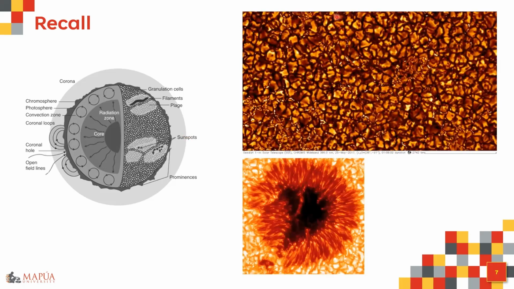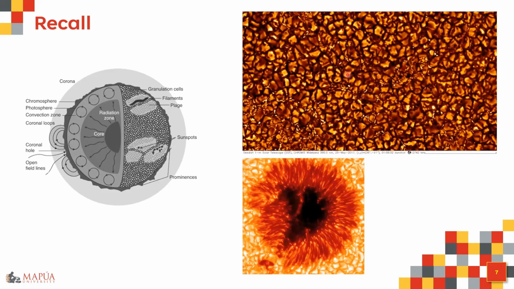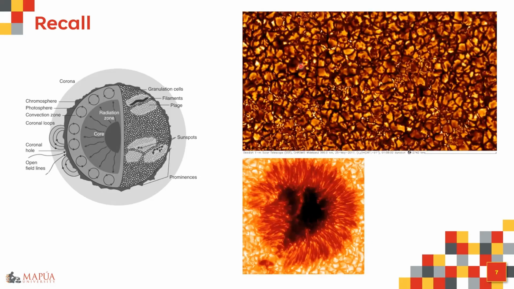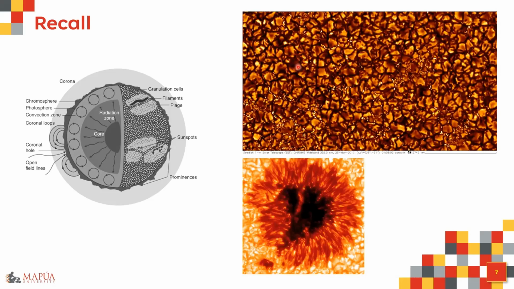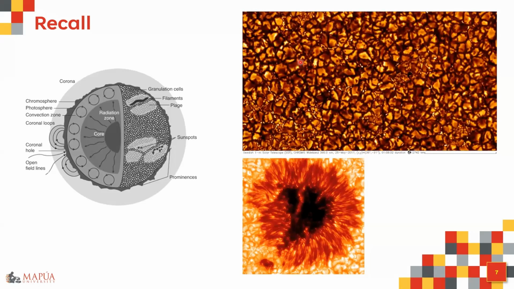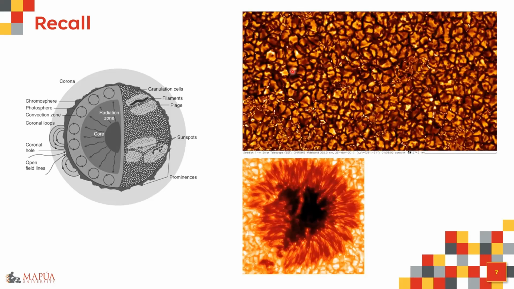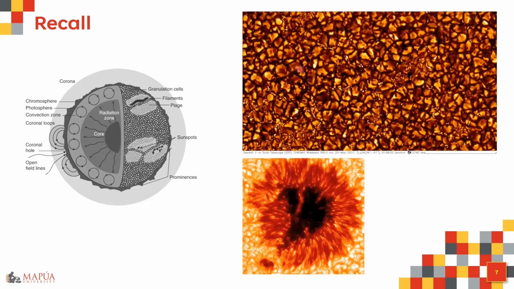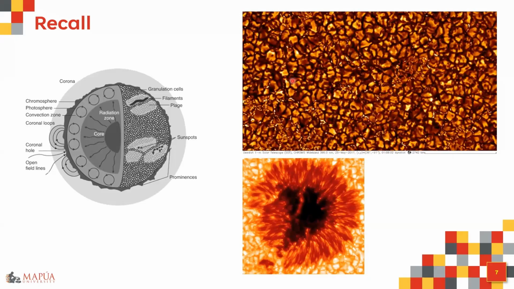You will notice here that material is coming out of these convection cells or granulation cells, and then some of the material is being replaced underneath by other materials that went cold at the surface of the sun.